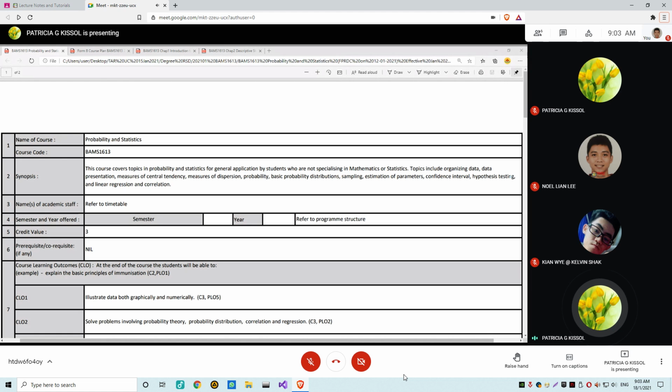As what is being displayed now, the name of the course is Probability and Statistics, and the course code is BAMS 1613. Basically, this subject relates more to statistics, in that you're going to look at the definition of statistics.